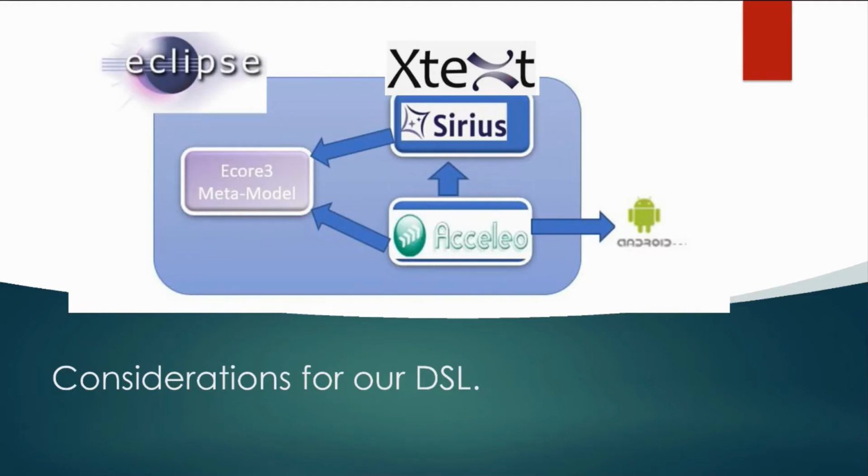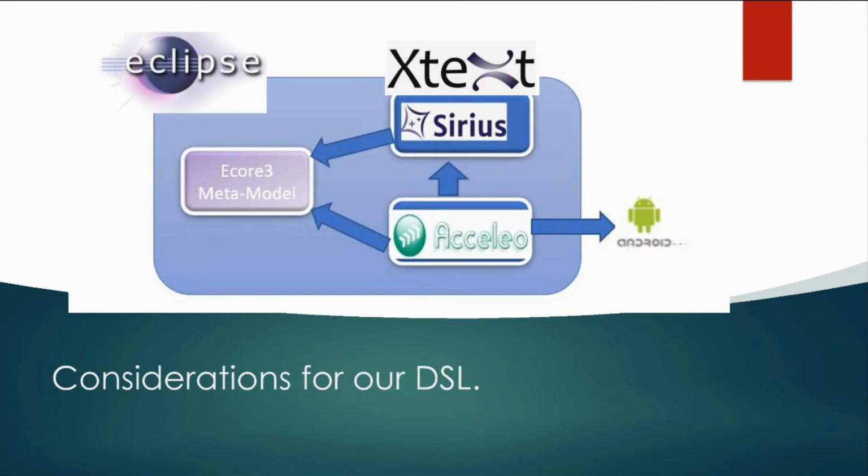In this context, we have the considerations for our DSL. First of all, we have a meta model in the core. We have a Sirius base with OVO already designed, so we are going to focus on this type of tool.